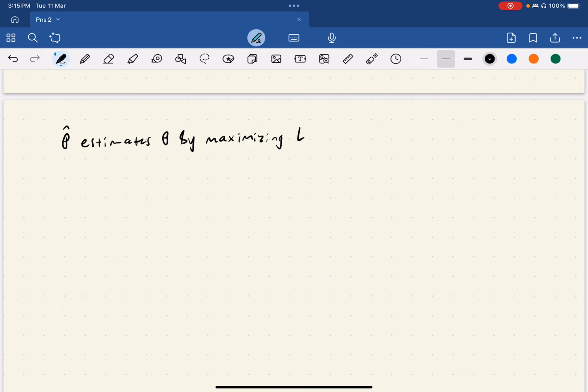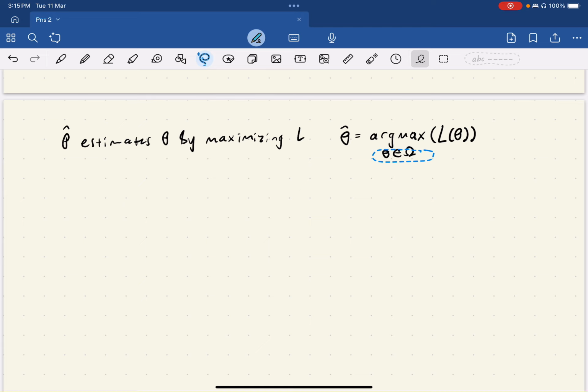So in more technical terms, we can write theta hat as theta hat equals argmax over theta in Omega, which is the parameter space.